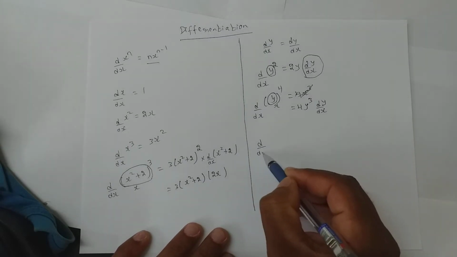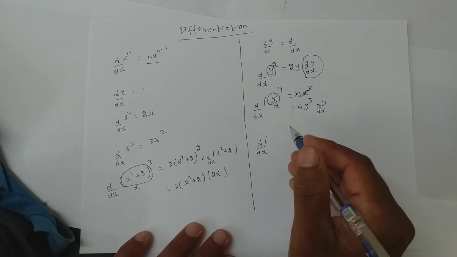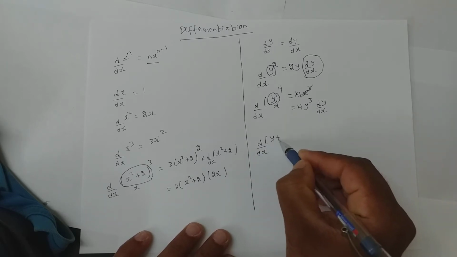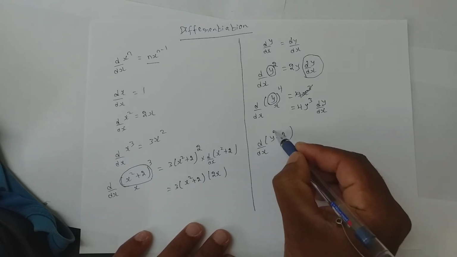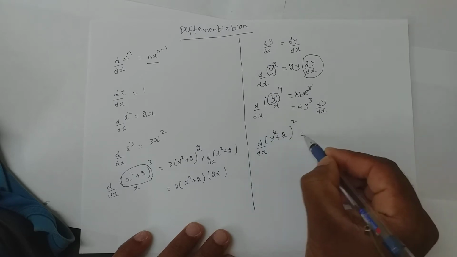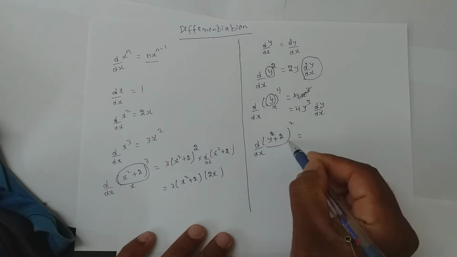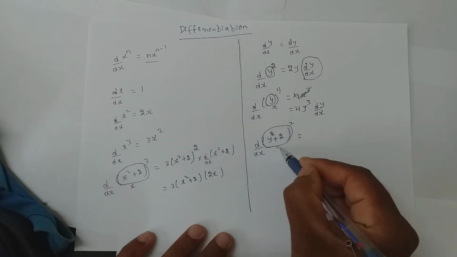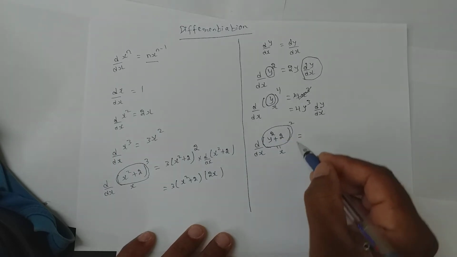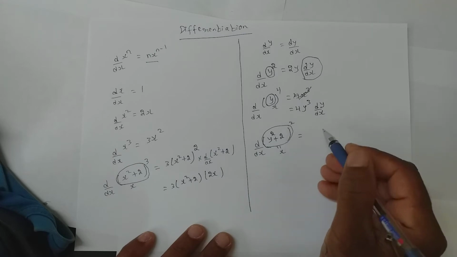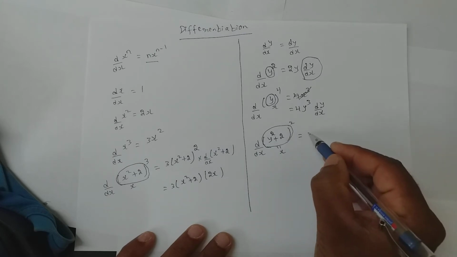Now if it is d by dx of y square plus 2 whole square, what will be the answer to it? The entire thing you will assume it to be x. So now it is of the form x square. What is x square differentiation? 2x.